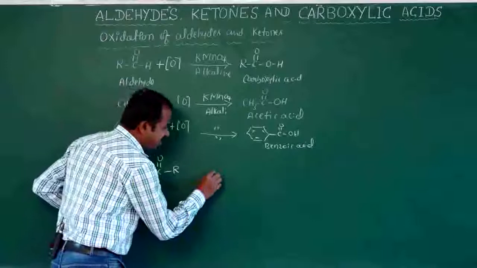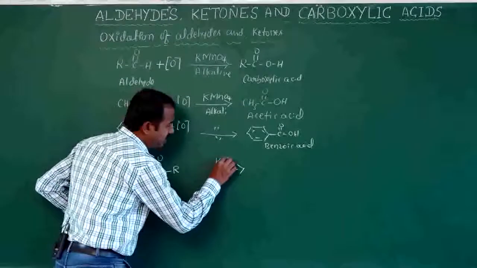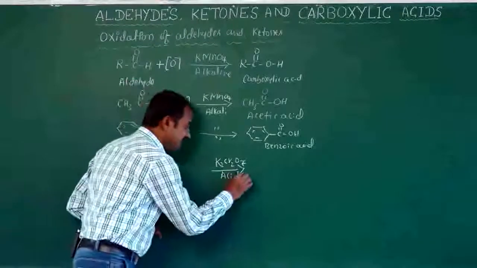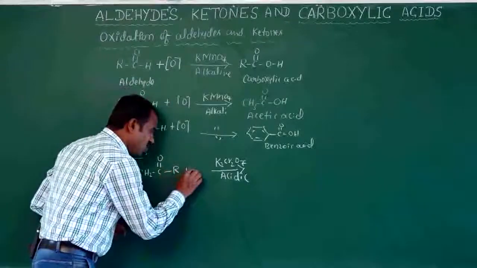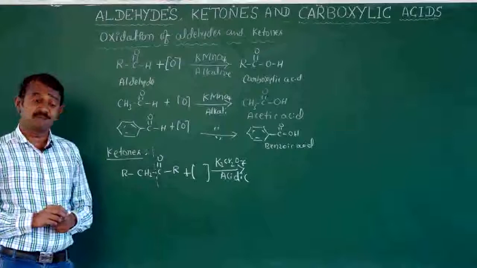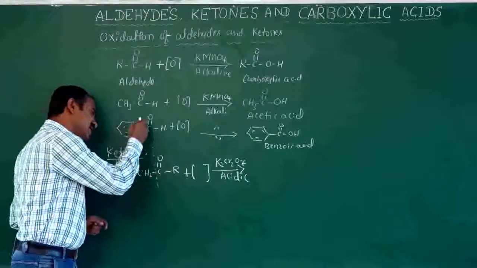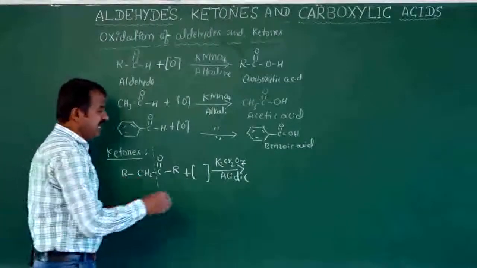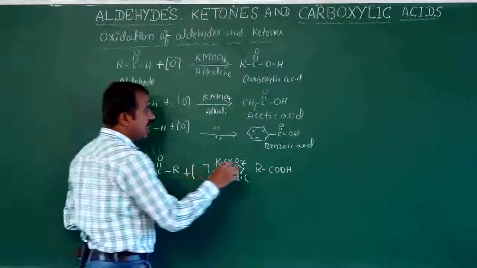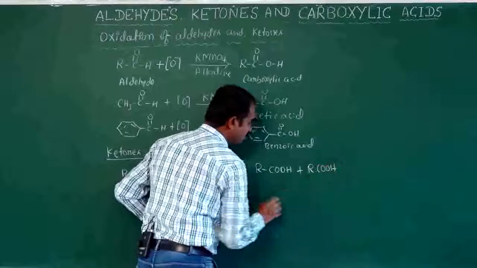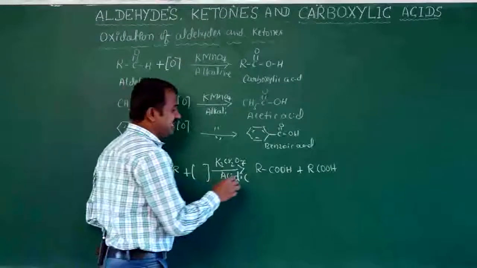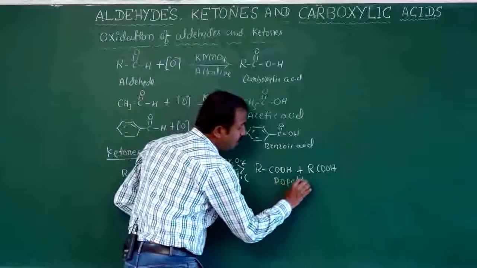When the ketone is oxidized with potassium permanganate, potassium dichromate or sodium dichromate in acidic media, it undergoes oxidation to give lesser-carbon acids. Here, with 4 carbons, when the bond between the carbonyl and carbon atom breaks, you get RCOOH and another molecule of RCOOH, carboxylic acids containing a lesser number of carbons. That rule is called Popov's rule.